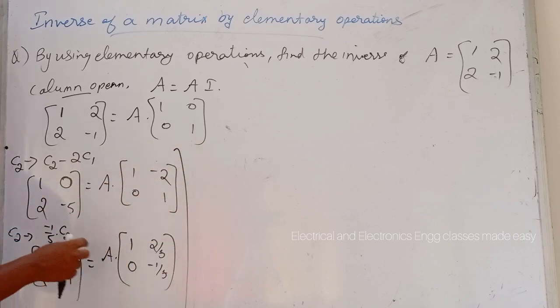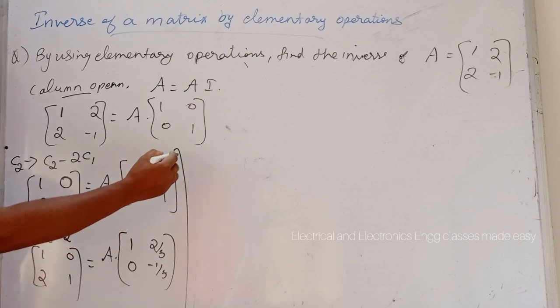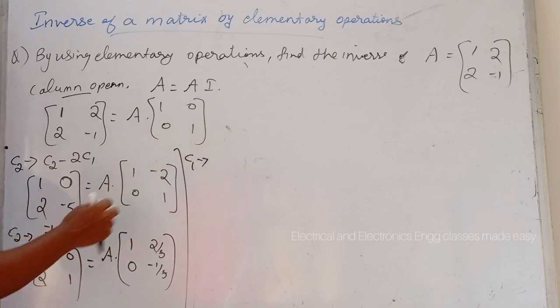So in the next step we have to make this one 0. To make this one 0, we can use the second column element 1.